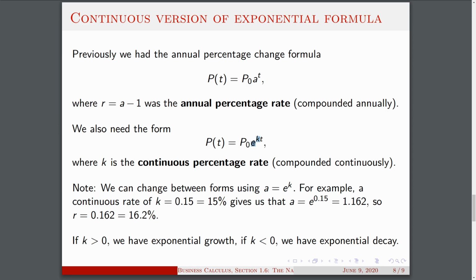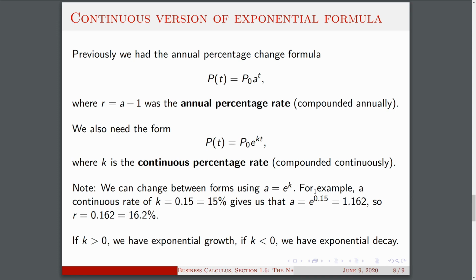I could substitute a in here for e to the k, and that would be a to the t here. So if you want to go between those, this formula will help you do that. If you think of k as a variable here, we could take logarithms of both sides and solve for it. So if we knew a, we could get k.